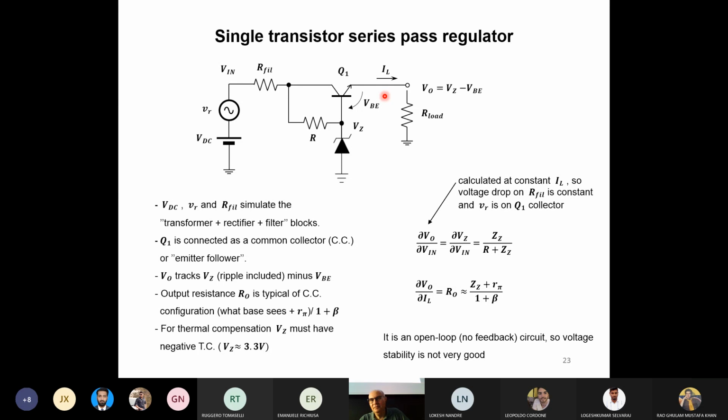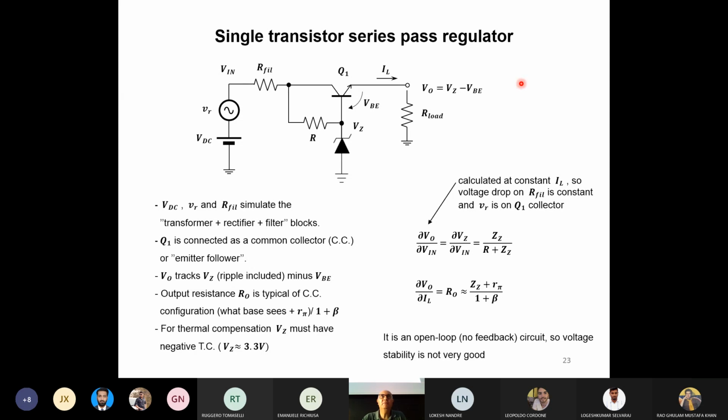This is just a simple circuit. It's not very good for giving you large currents, but in principle, it can give you some large currents. Also consider that the R pi of the transistor is going to be low because the R pi resistance in a transistor is beta over GM.